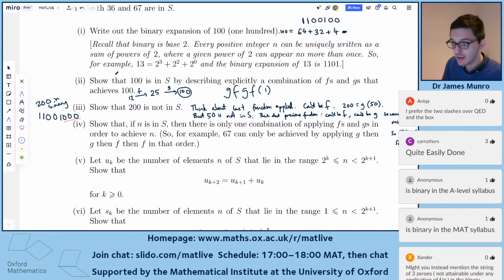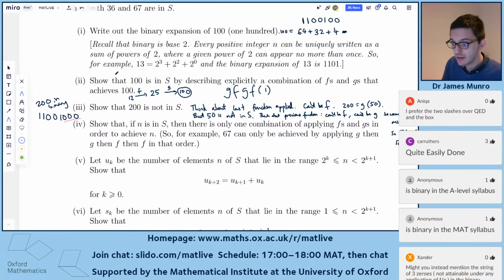Okay. What does elements of S mean? S is a set of numbers. S is a set, and sets contain elements, the things inside that set. So it's a collection of numbers. A bit like you might say the set of even numbers, the elements there are the even numbers.